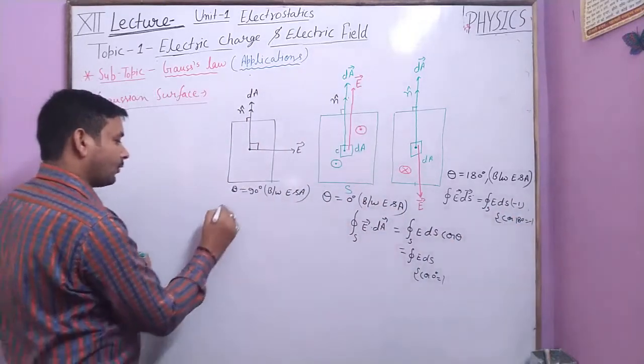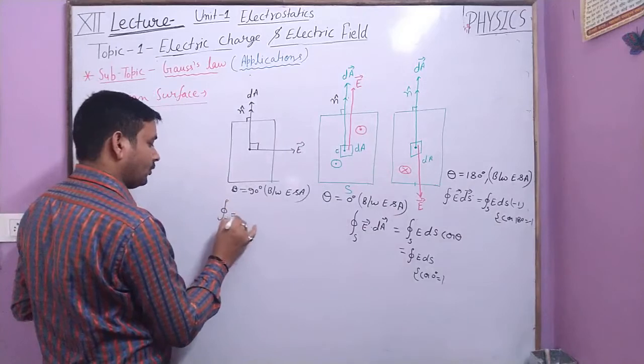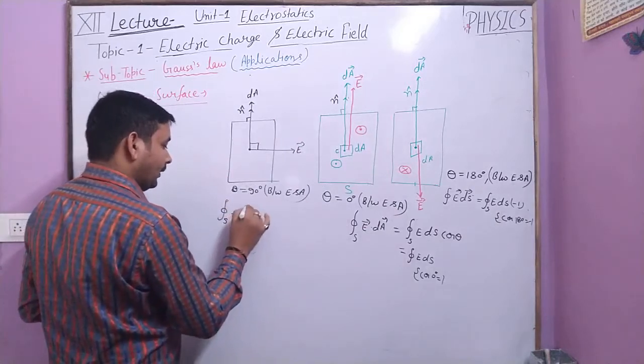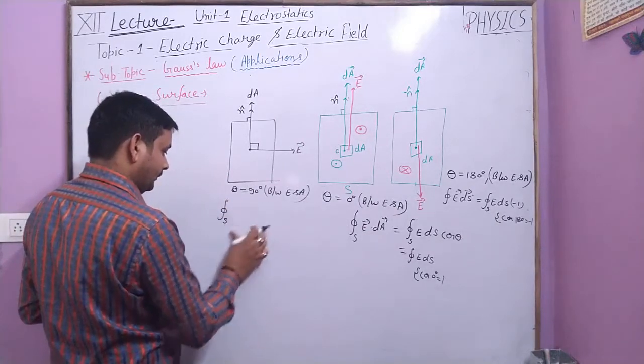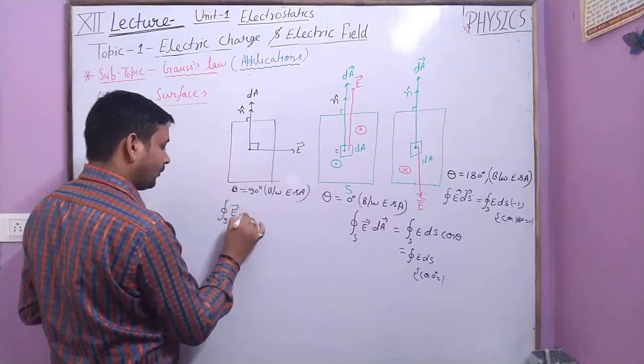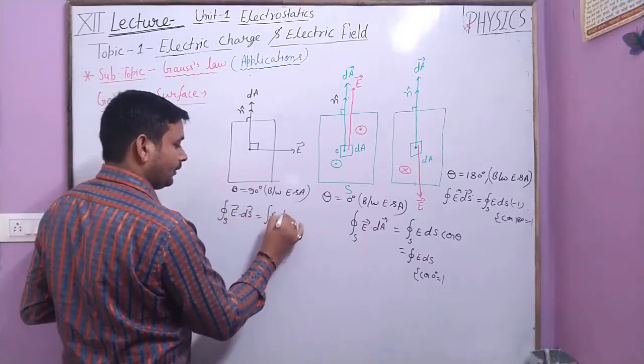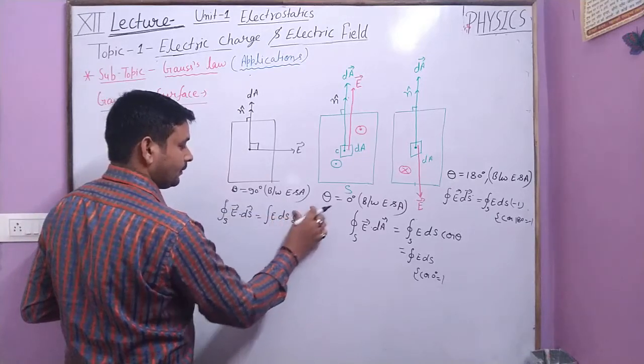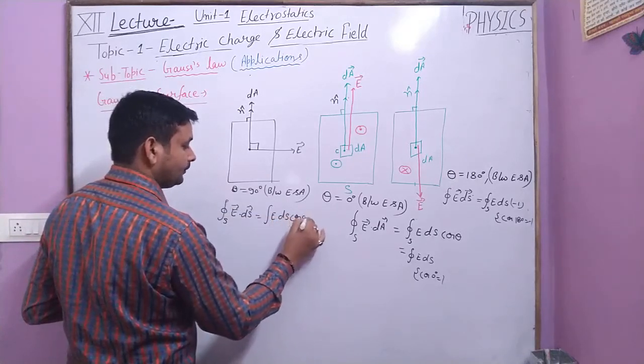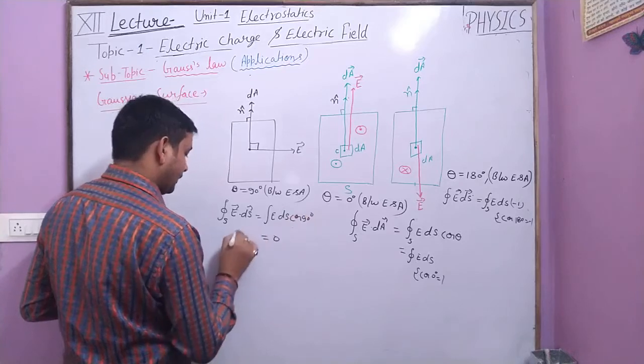And here you can calculate this flux through the surface is vector E dot vector dS, E dS cos 90, which is 0.